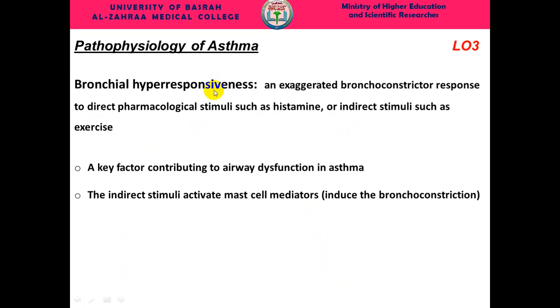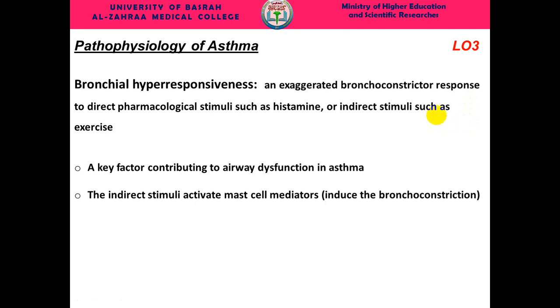So whenever the patient is exposed to the allergen, we will get what is called bronchial hyperresponsiveness. By bronchial hyperresponsiveness, we mean an exaggerated bronchoconstrictor response to direct pharmacological stimuli, such as histamine, or indirect stimuli, such as exercise.